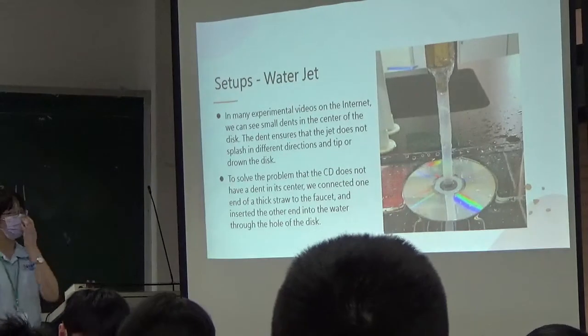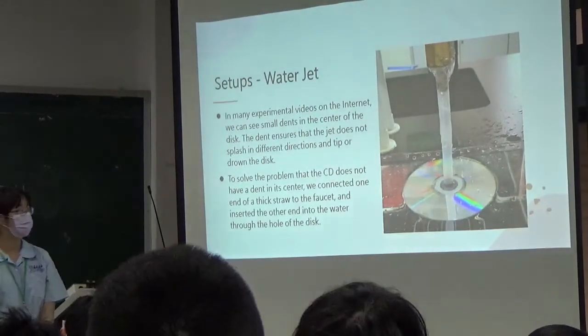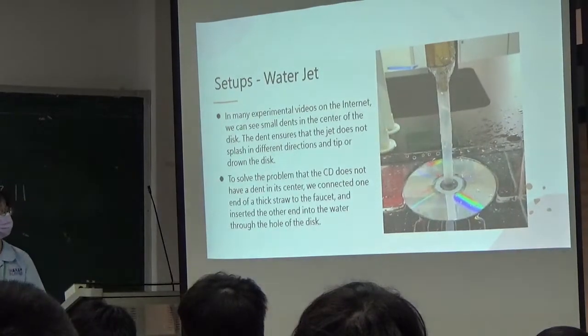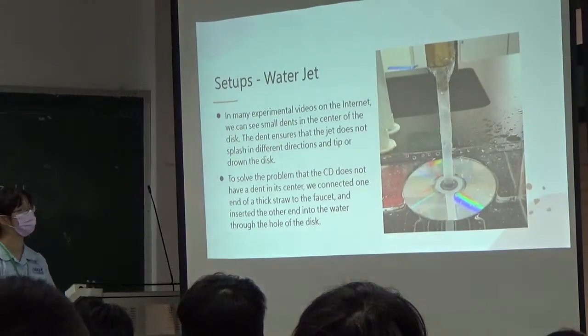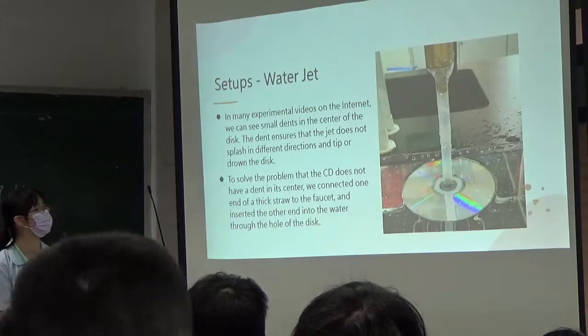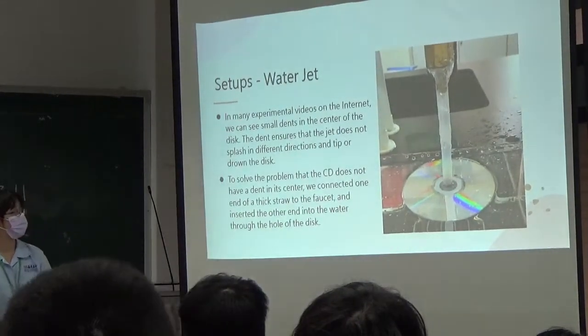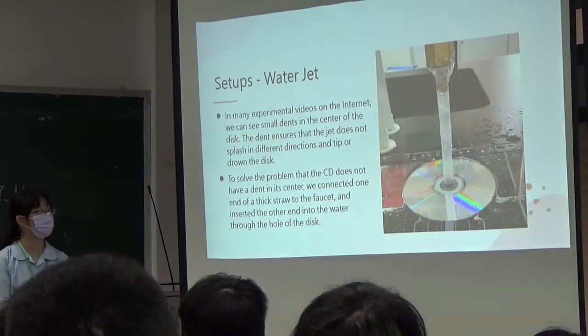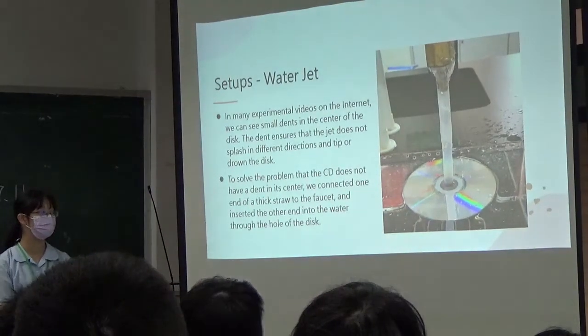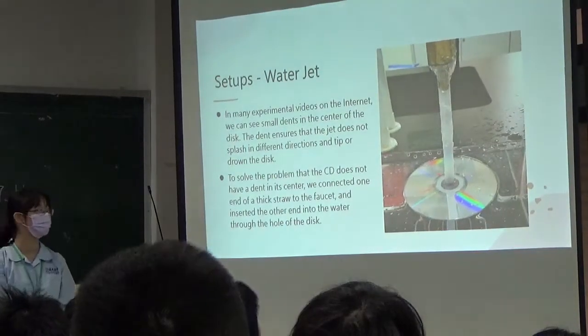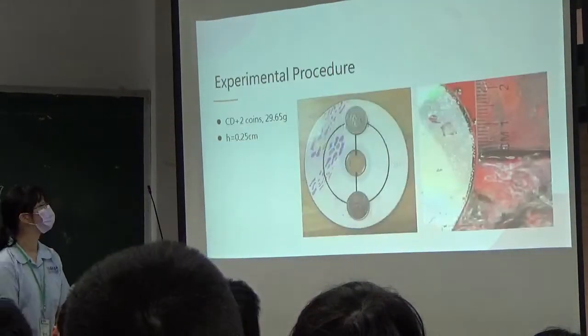We watched many videos on the internet, and we can see small dents in the center of the disk. The dent ensures that the water jet doesn't splash in different directions and hit or drown the disk. To solve the problem that the CD does not have a dent in the center, we connected one end of the straw to the faucet and inserted the other end into the water through the hole of the disk.